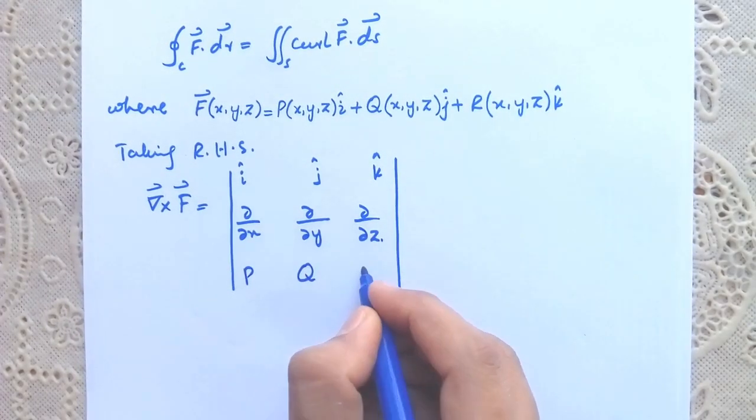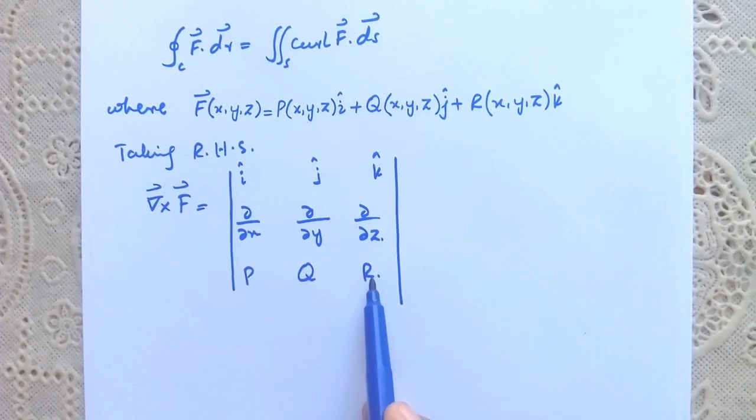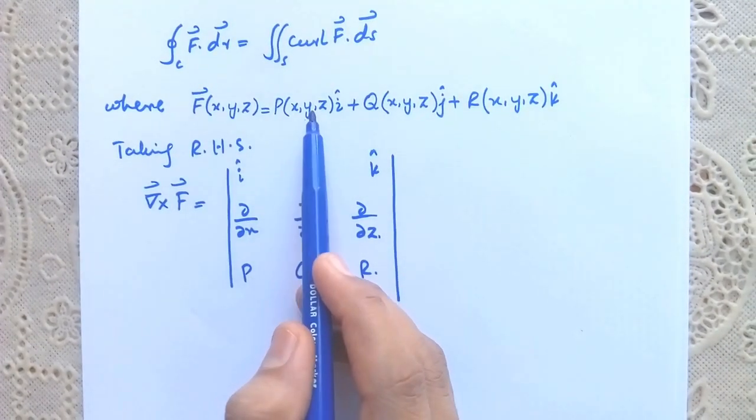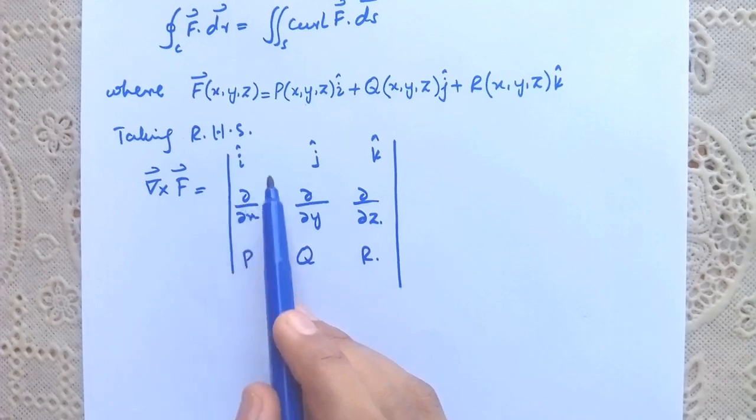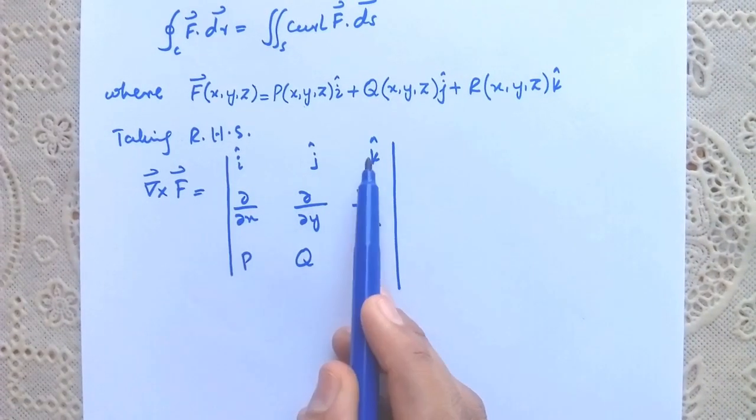P, q and r are all functions of x, y and z, right? So evaluate this determinant with the first row.